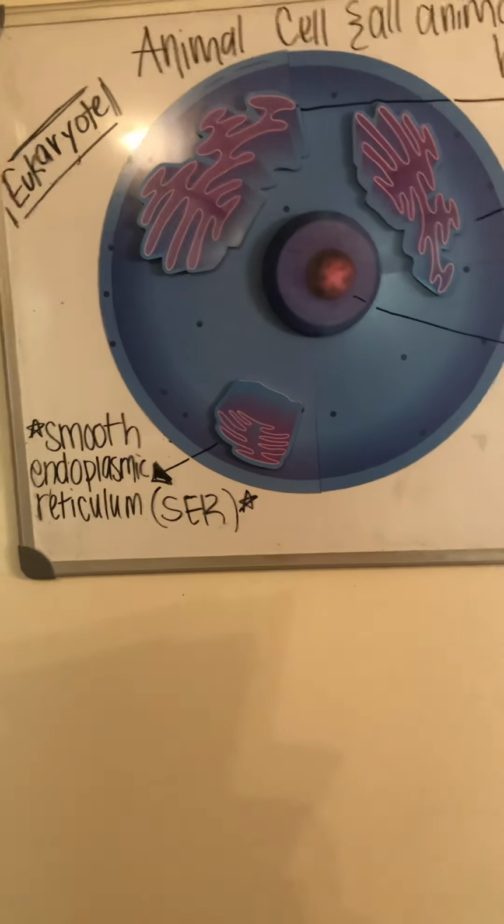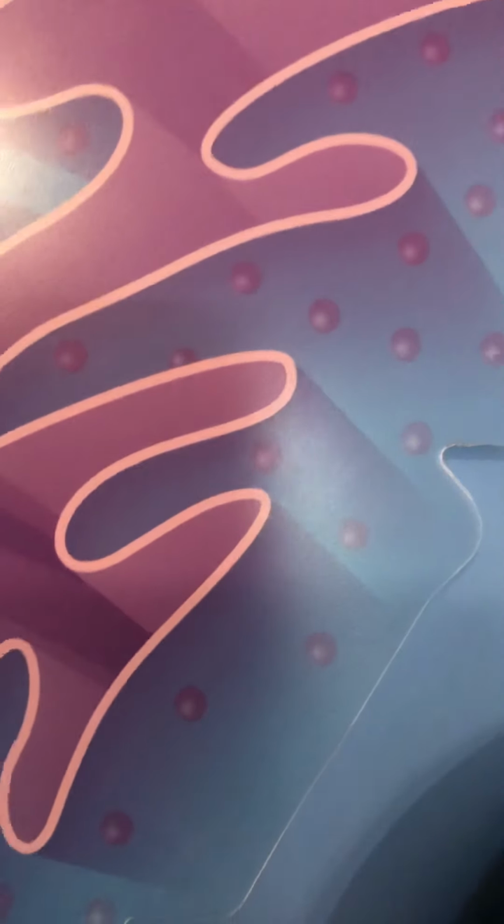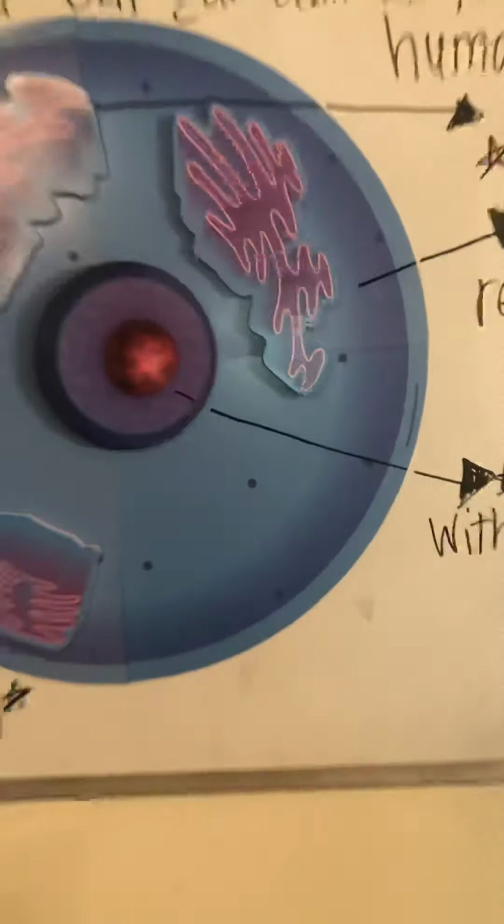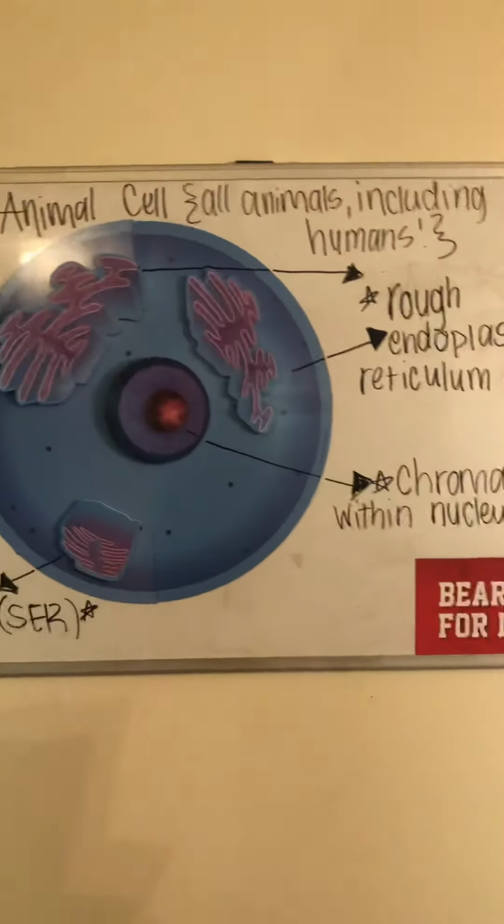Hormones and lipids. So difference between RER, rough endoplasmic reticulum, is the ribosomes. That's why they call it rough. And smooth endoplasmic reticulum, SER, is it doesn't have ribosomes. It's smooth.